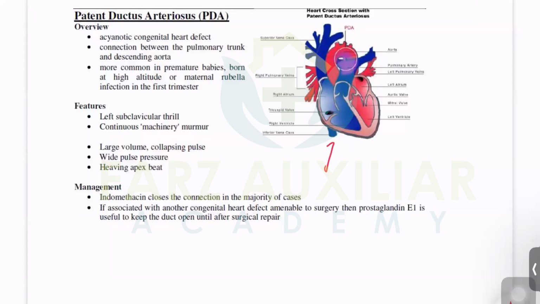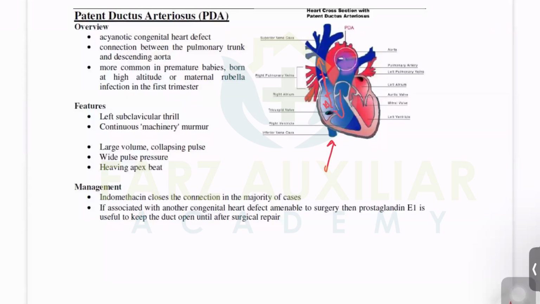Through the inferior vena cava, the blood goes directly into the right atrium and right ventricle. So during the fetal period, the right ventricle is the source of oxygenated blood. It receives oxygenated blood and then pumps it into the pulmonary artery.